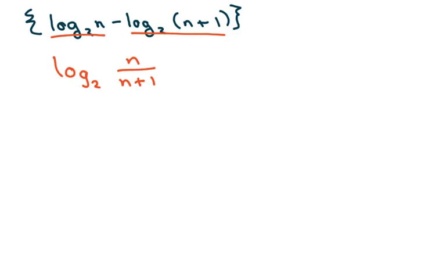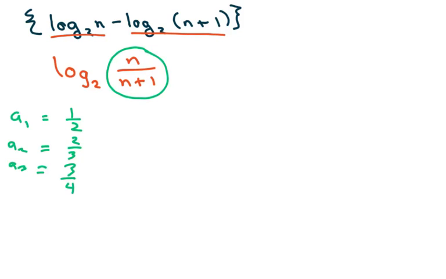So I'm going to just see what would be a sub 1, a sub 2, a sub 3. So if I just look at this part, I'm going to plug in 1, I get 1/2. If I plug in 2, I get 2/3. And if I plug in 3, I get 3/4.